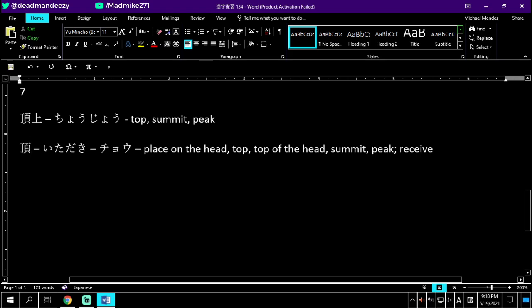I think this kanji here is very often used when we're talking about something on the head. So think of the tool of the head as the summit or peak. Itadaki or cho. Summit, top of the head, place on. Itadaki.